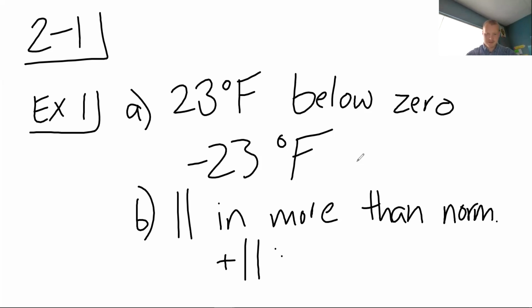We have inches. Plus 11 inches. Okay. That is all you guys are going to do for example 1. Just being able to write down real world situations. How you guys feel about that? Pretty good? Madeline? Peachy? Sweet. All right. This isn't too bad so far.